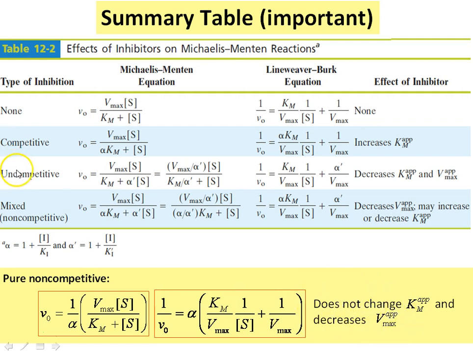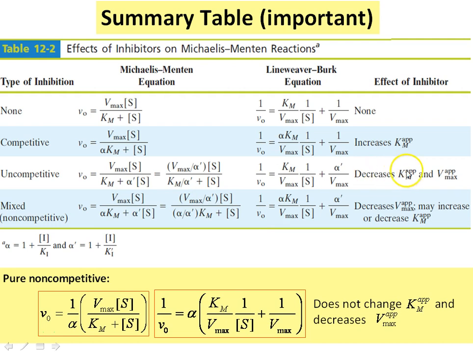The last one is the uncompetitive, and this is the case where the curves with the uncompetitive inhibitor are parallel to the one without inhibitor. In this case, the more inhibitor I have, the more alpha prime goes up, and the intercept on both axes increases.